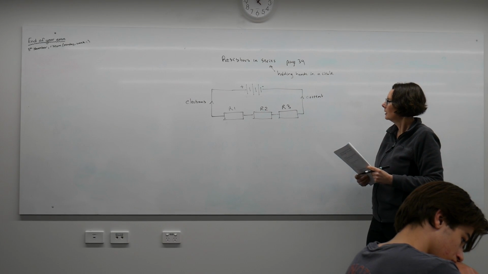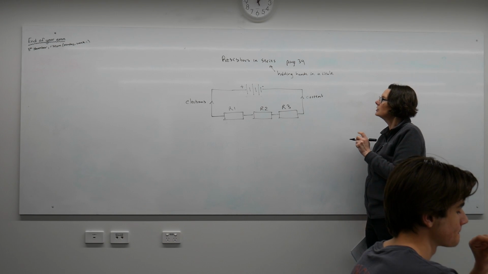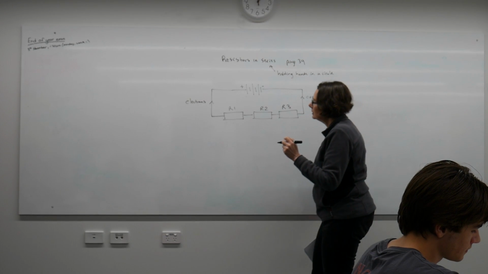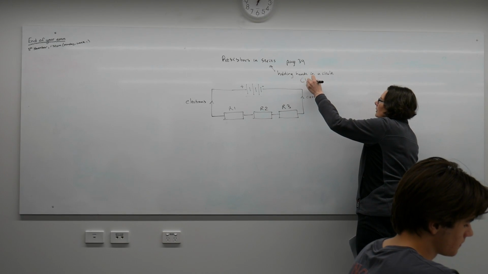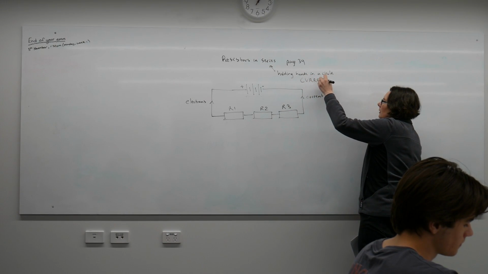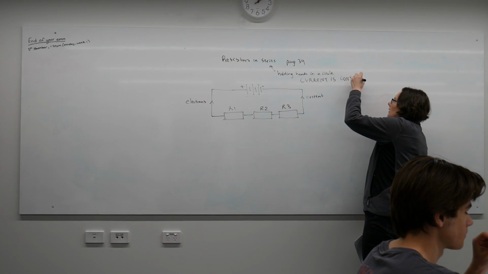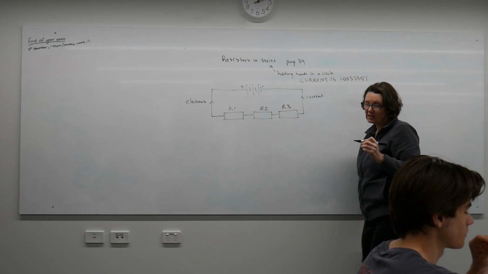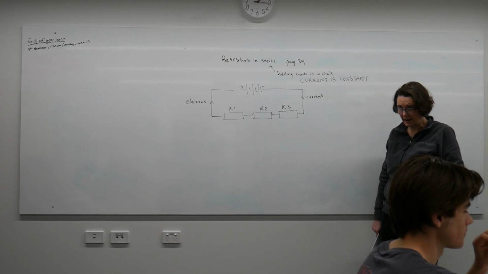At the moment, the rule for resistors in series is current is constant. Now the reason why the current is constant is there's only one pathway.